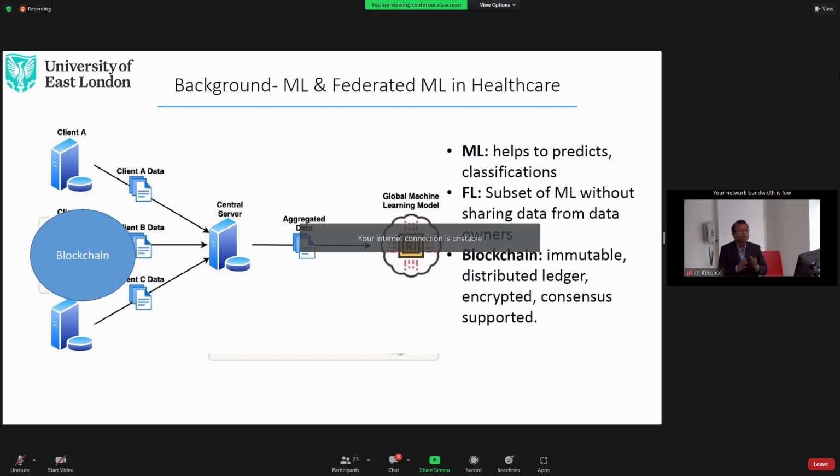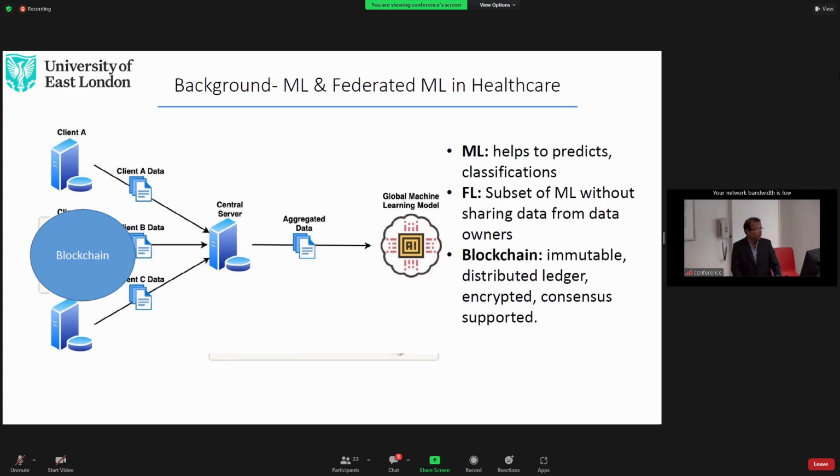So federated machine learning introduces the primary security of not sharing raw data from the users to the federated server, and the federated server is replaced by blockchain. It introduces complete security. That's what we are working on.